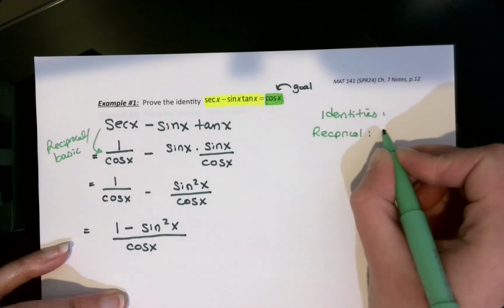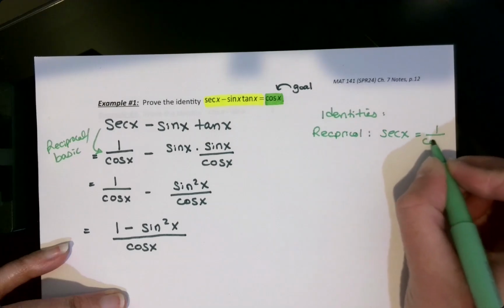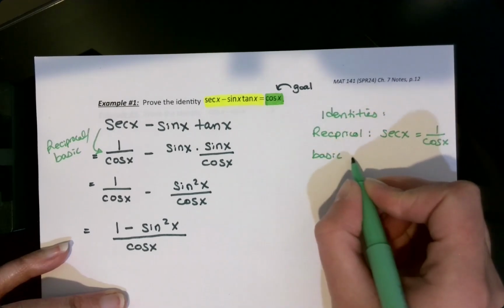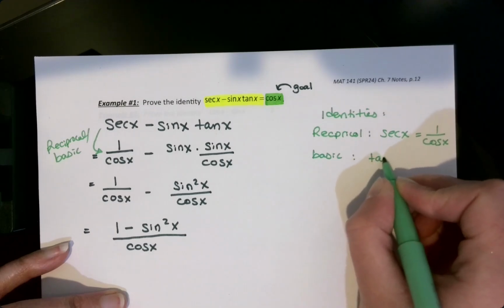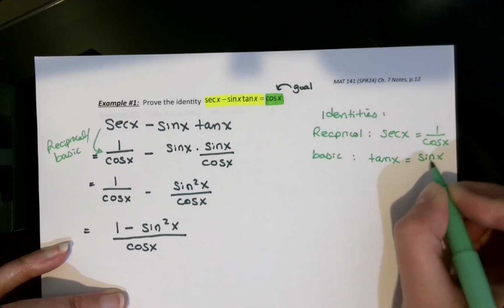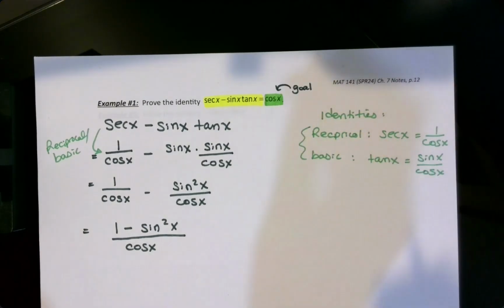The one I used here was that secant of x was equal to 1 over cosine x, and the other one that I used was the basic tan of x equals sine x over cosine x. So I would say for those two, making them in a list right here is optional since most of us know those without having to look them up.